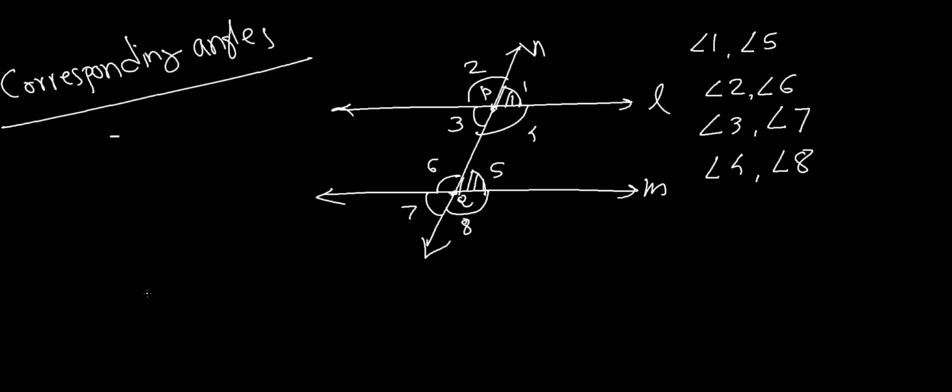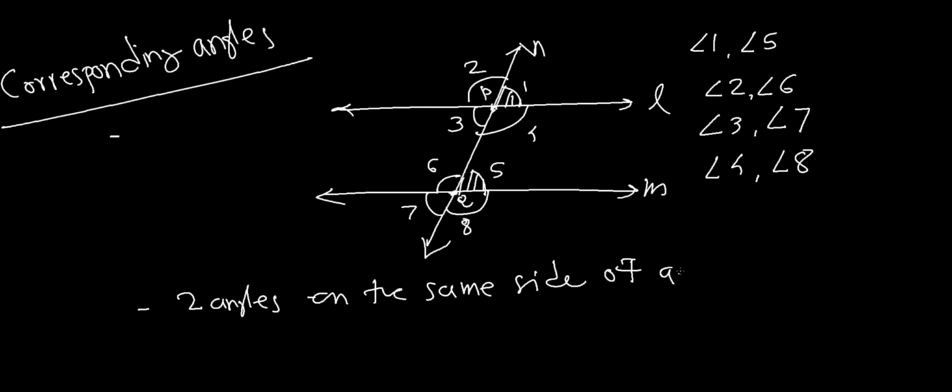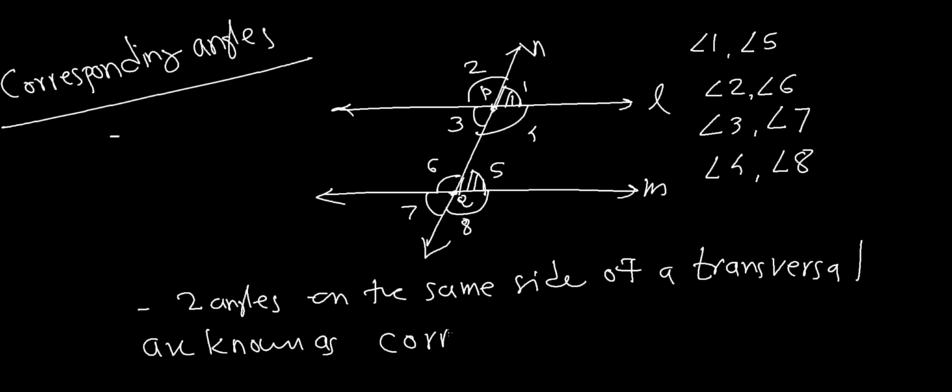So what they say is, two angles on the same side of a transversal are known as corresponding angles.